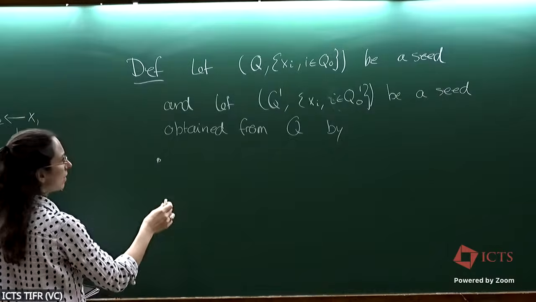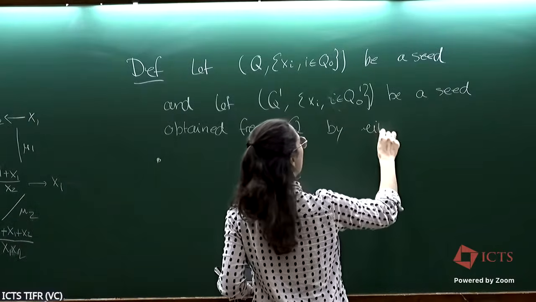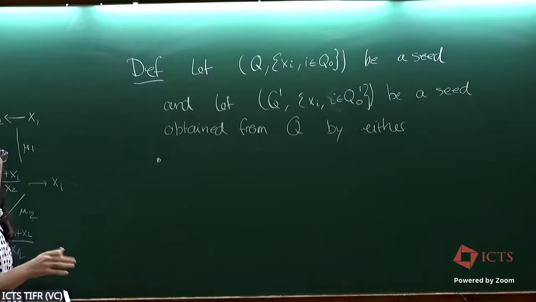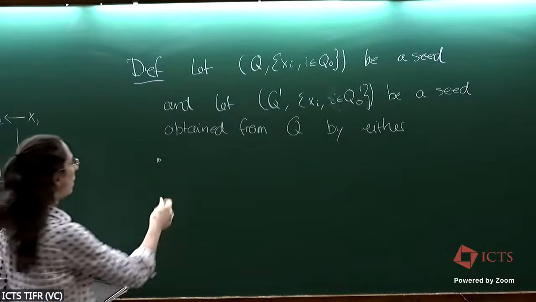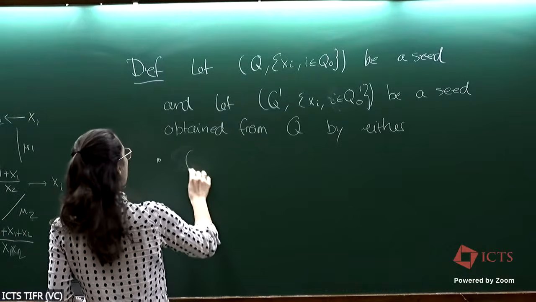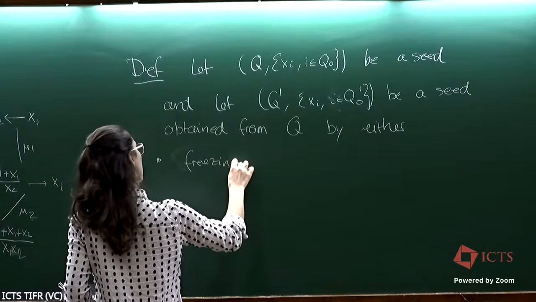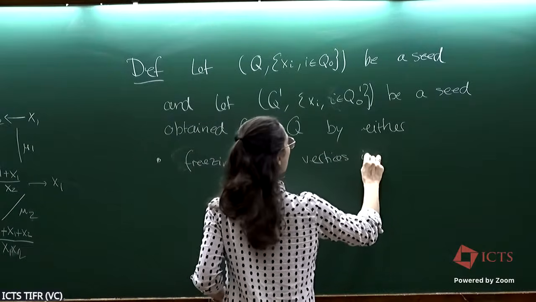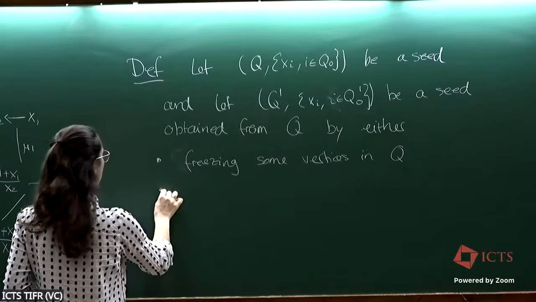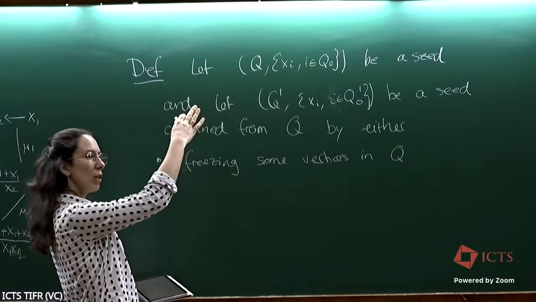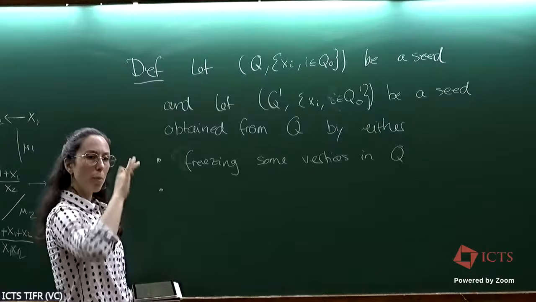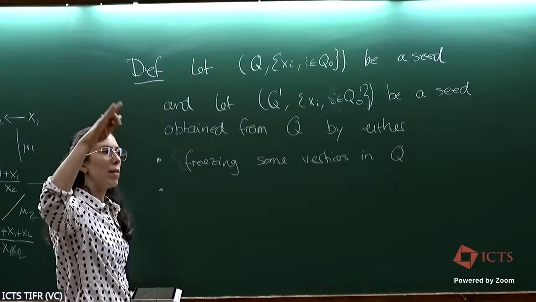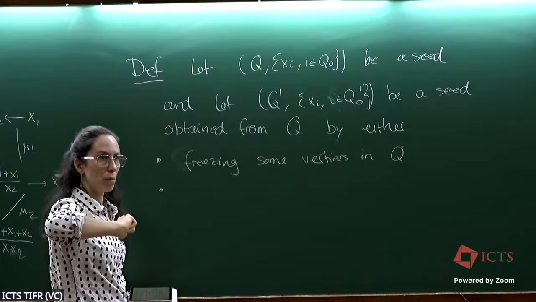The first one is I just freeze some vertices in Q, and then I have more frozen variables than before. Or the other is by partitioning the vertex set of Q into two parts so that there are no arrows from the second part of my vertex set to mutable vertices of the first part.